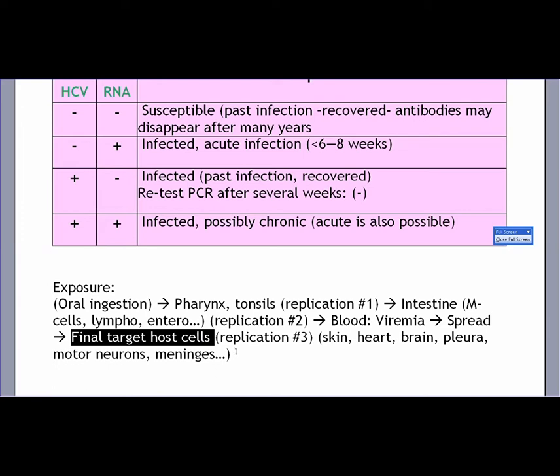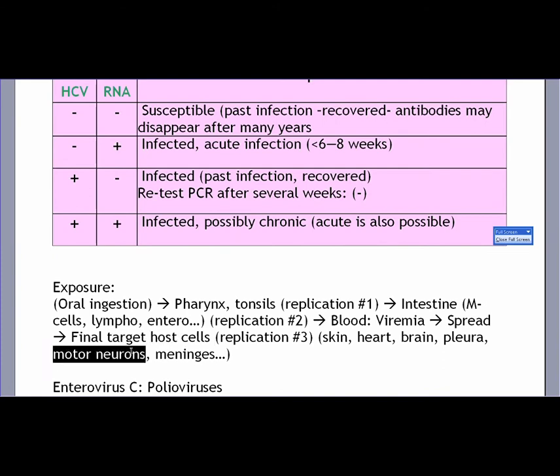In this class, we are going to focus in enterovirus group C. These are the so-called polioviruses. The final target host cell for polioviruses are motor neurons. So polioviruses infect motor neurons, infect and destroy motor neurons in the spinal cord or the brainstem.